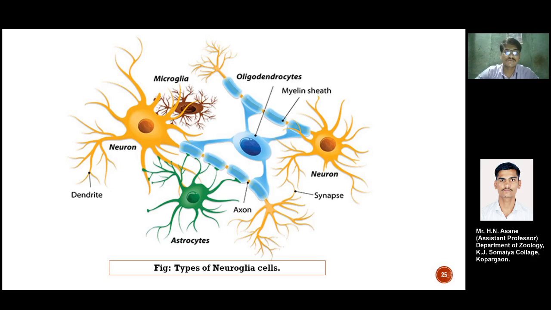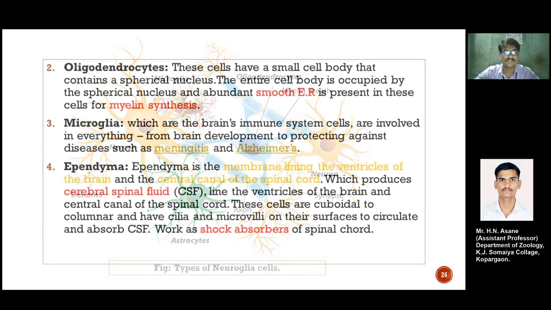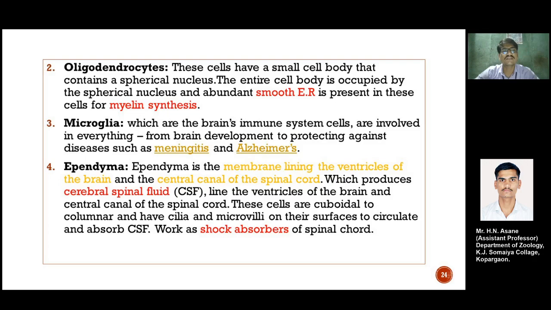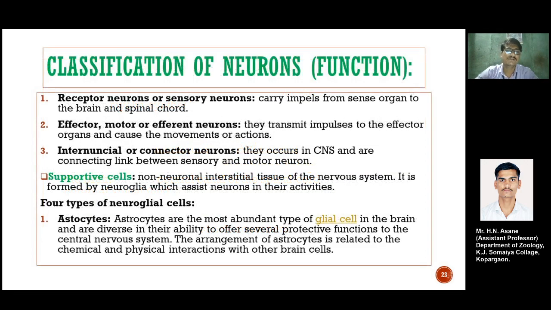You can see the astrocytes highlighted in the green color. So these are the types of neuroglia cells, which have special functions as supporting cells of the neurons.